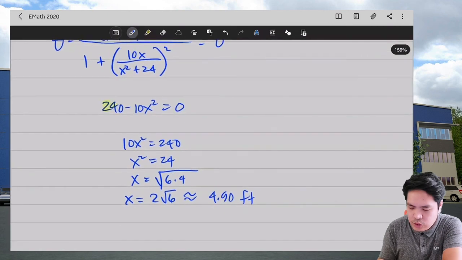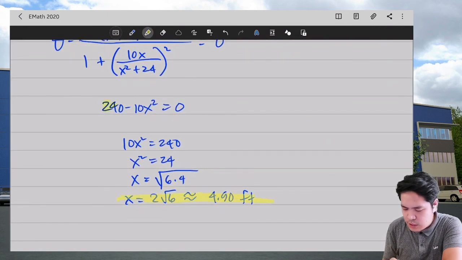So in order to get the best view, it should be 4.90 feet away. And that is our answer.